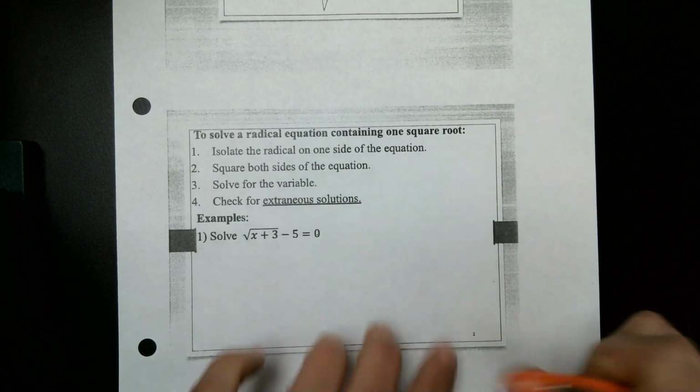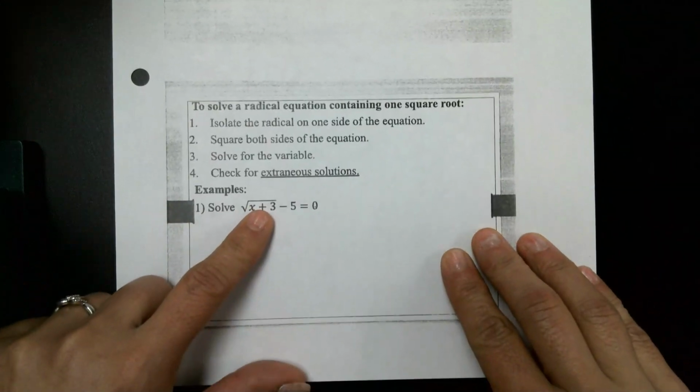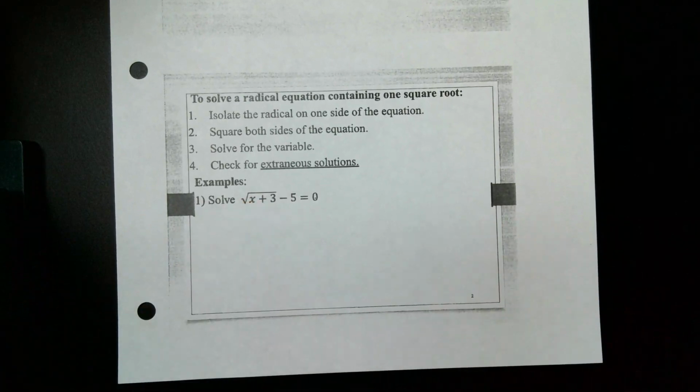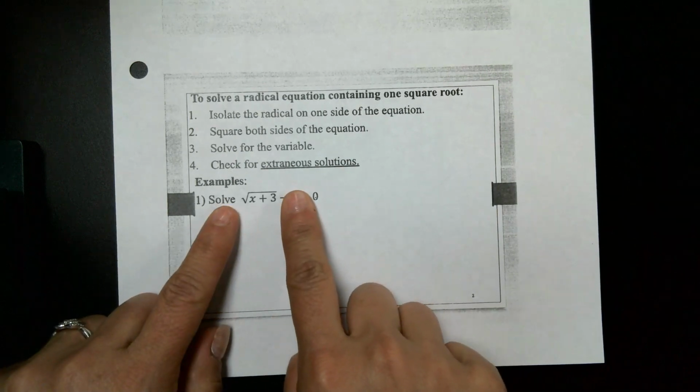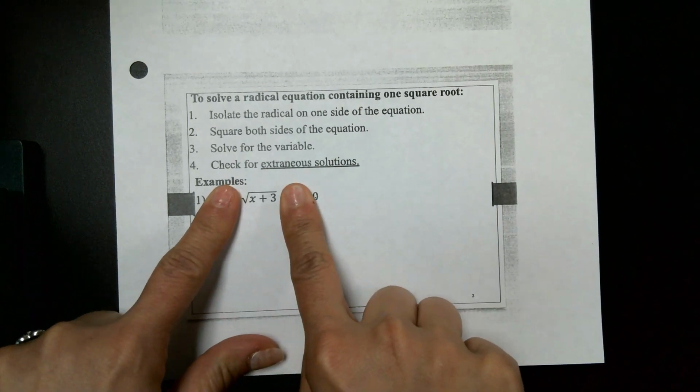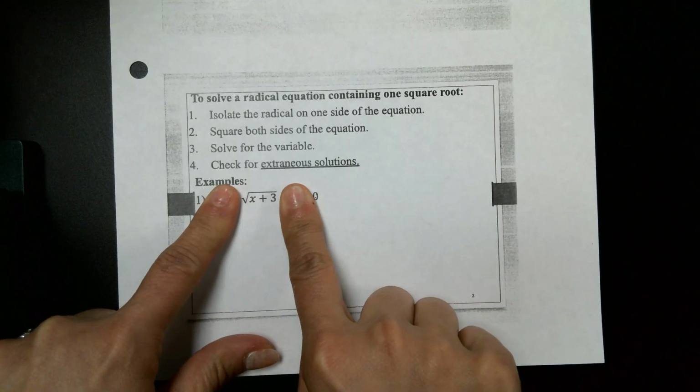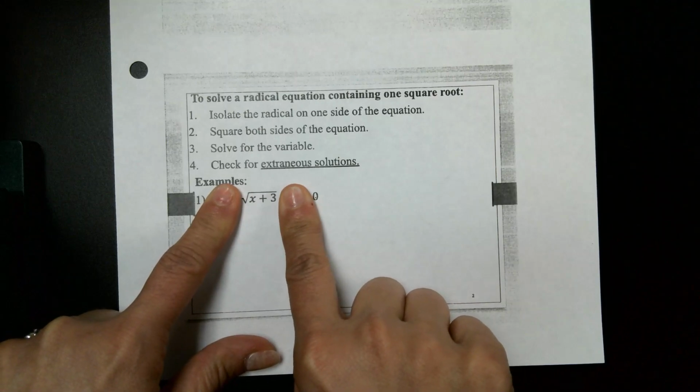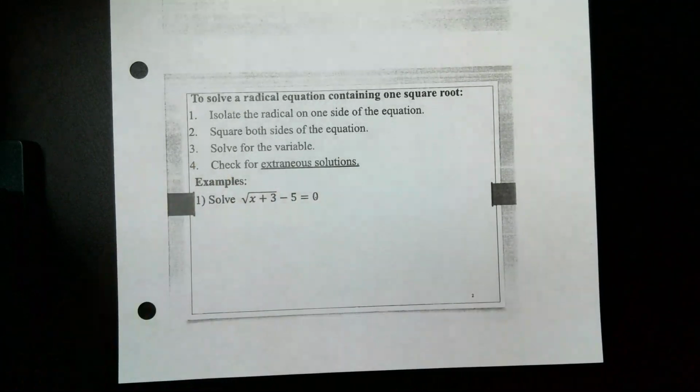Now, when you are solving an equation that has a radical in it, you have to isolate the radical. So look up here, we need to get that completely by itself before I think about squaring it. What number would I move?